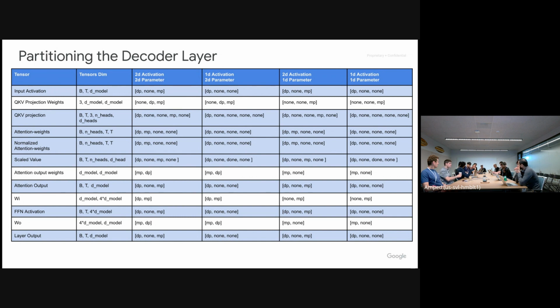How do I know? This is why it is useful to know, and this is why sometimes you also do over-annotation, which means that even though you know that XLA will infer it, you go and write an annotation there and say that I would like this tensor to be sharded, which sometimes also helps the XLA compiler to know that this tensor needs to stay sharded. So if something is asking me to all-gather it, I will not do it, essentially.